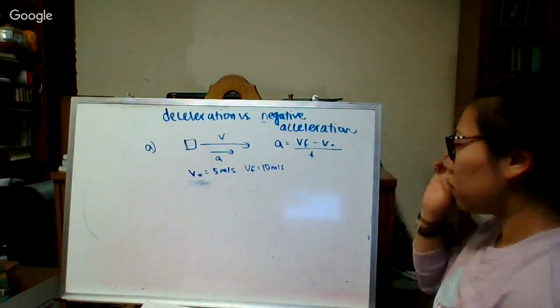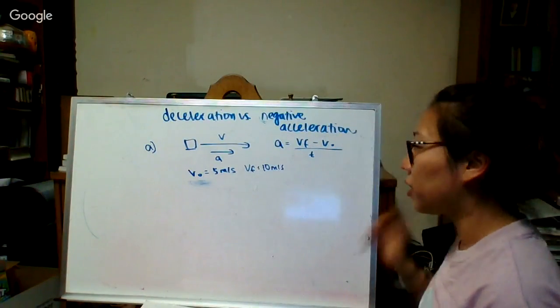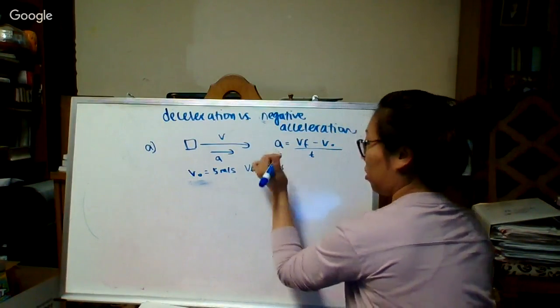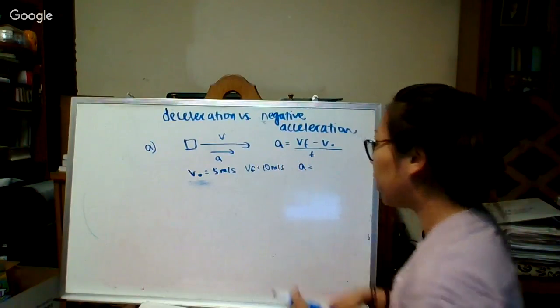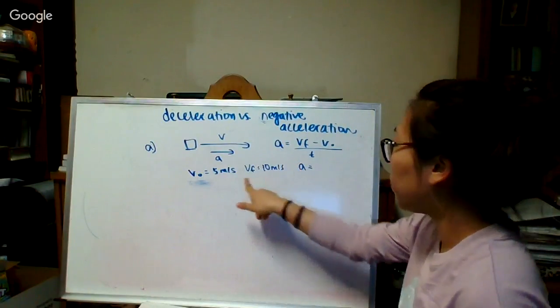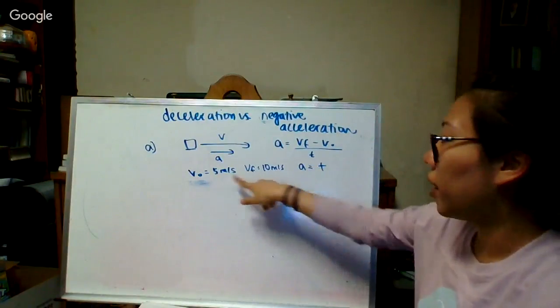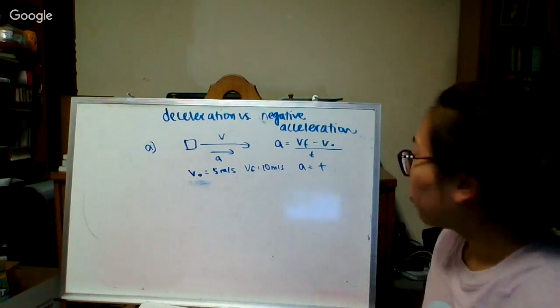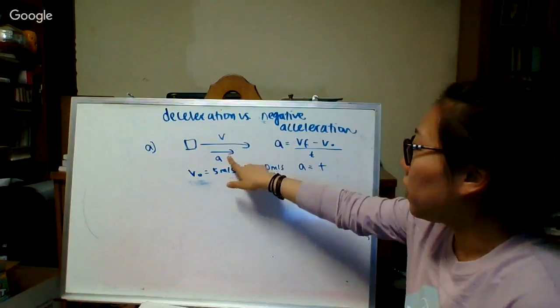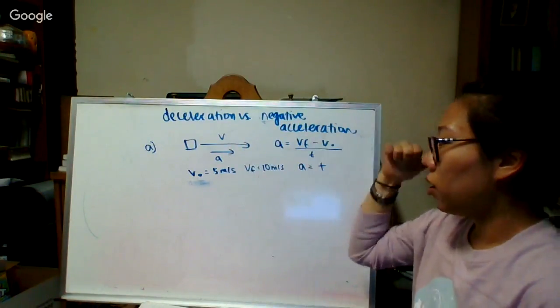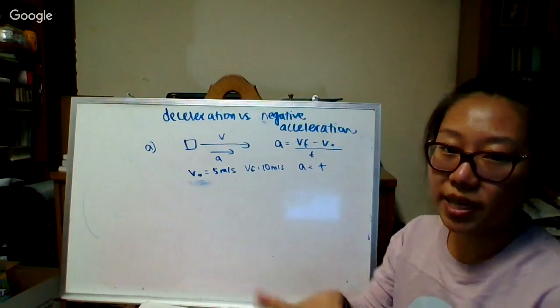Okay. Then if you do the math, pretending that time is like 1, or whatever the time is, the acceleration would be some positive number, right? Because 10 minus 5 is positive, right? So as you can see, it has a positive acceleration and it's going this way, right? So it's going to be speeding up.